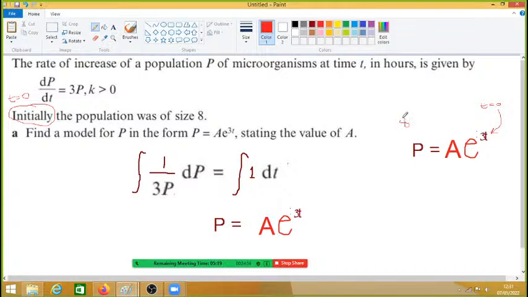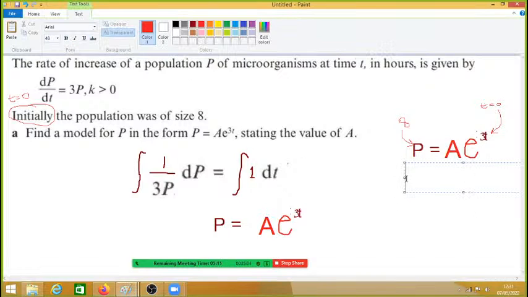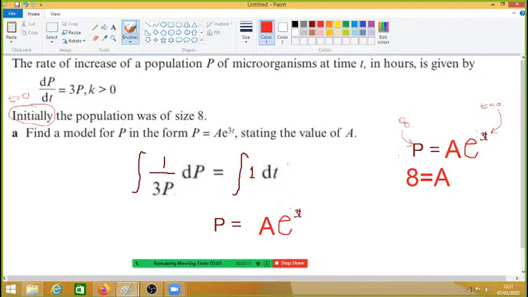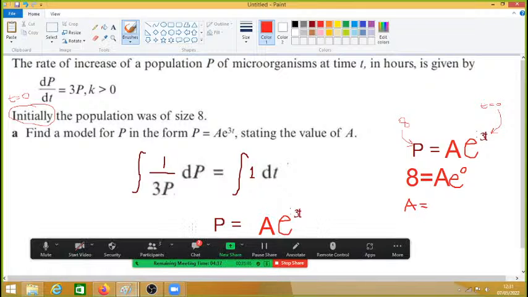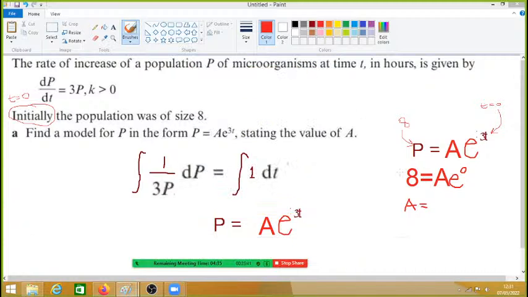So I can substitute 8 into the P. If you can do that and then rearrange and figure out what A is, tell me what you get for A. Okay, well done, it's 8 again, so that's perfect.